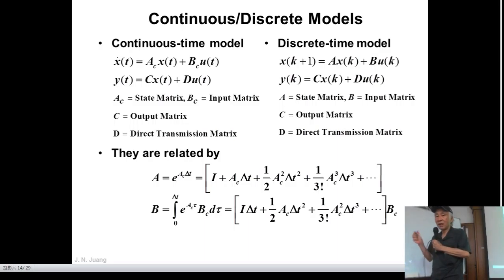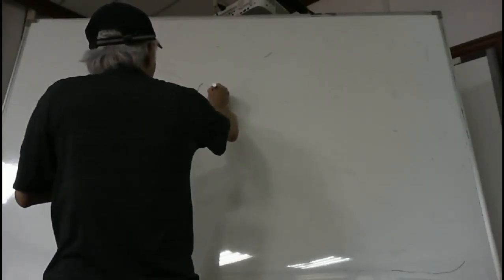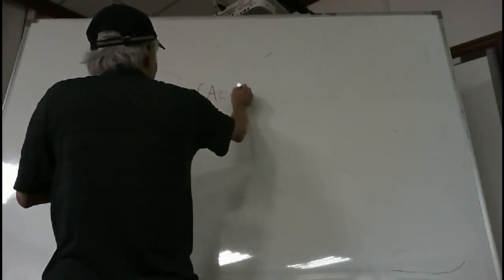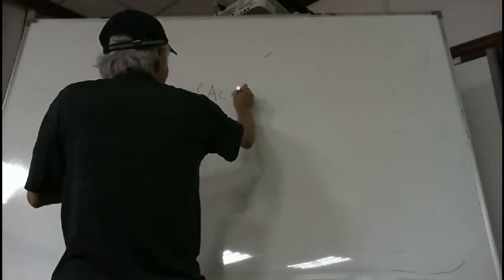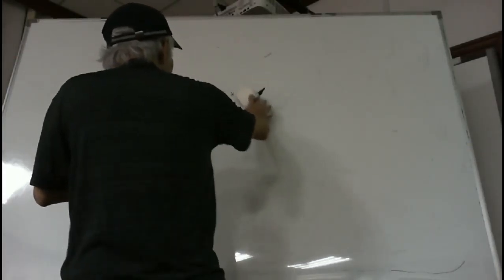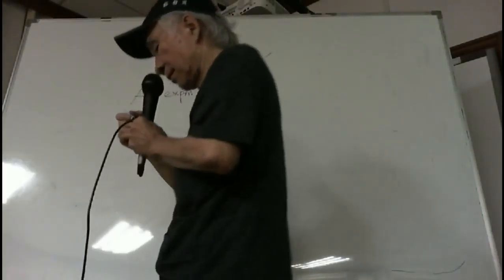Now, if my memory is correct, you need to do this: A equal to EXPM of AC times delta T. That's it. That's your A.